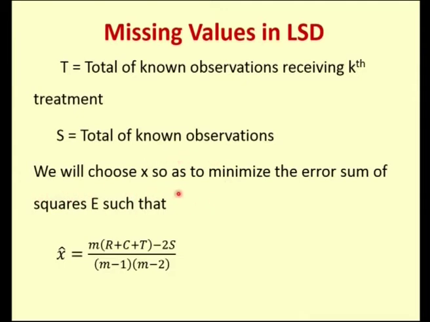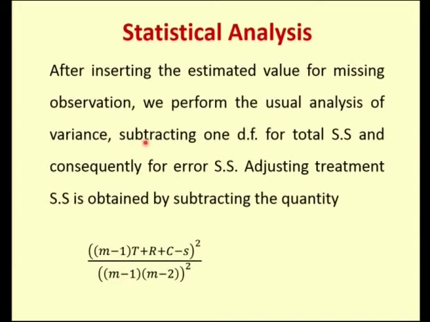Here we choose x, the missing value, so as to minimize the error sum of squares, such that x cap is equal to m into (r plus c plus t) minus 2s, divided by (m minus 1) into (m minus 2). There is a slight change in the statistical analysis of LSD.